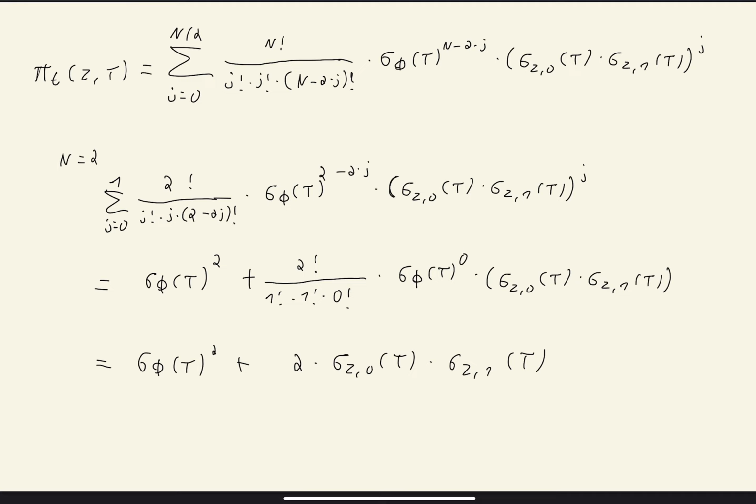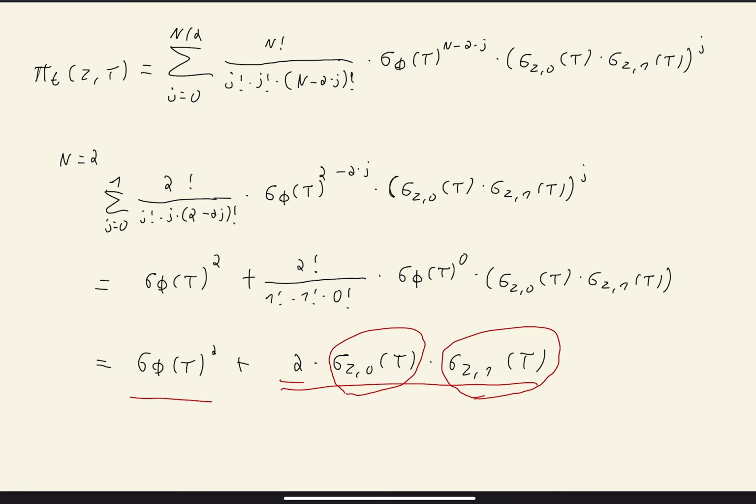So the first term again refers to a situation where the 2 agents in the set of agents are not selected. So there is an equal amount of votes for each of the candidates because both receive 0. And then the second term refers to a situation where both agents get selected, but one of them is voting for candidate 0, which is this probability here, and the other agent is voting for candidate 1, which is this probability here.